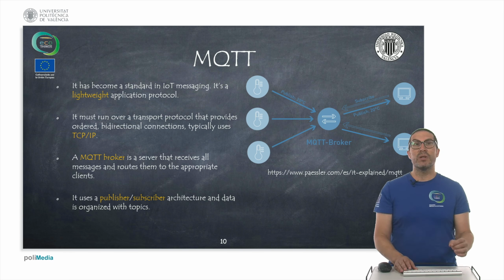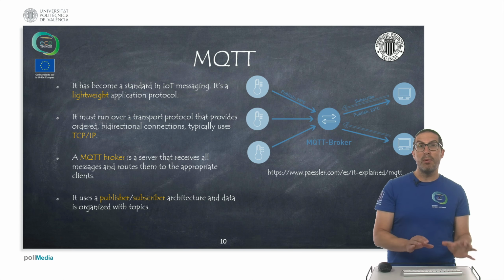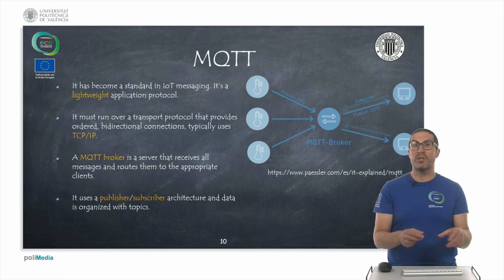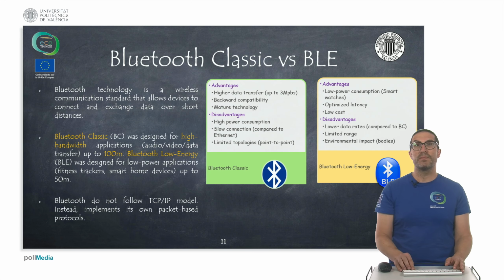It runs on TCP/IP, and typically there's a broker which handles and receives all messages and routes them to the appropriate clients within the network, using an architecture known as publisher and subscriber. So there's a publisher that is able to publish some kind of data on a topic, and there's a subscriber which is demanding this information.